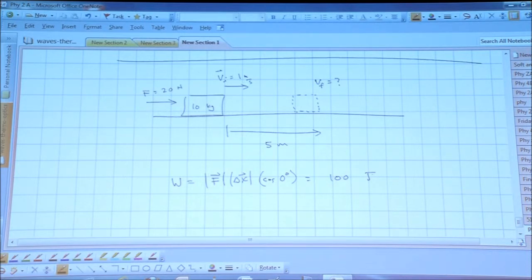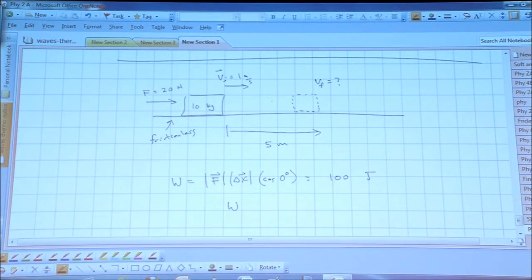So we expect the block to be moving faster at the end. We know the speed at the beginning, and this is frictionless. And what we'll do, the next example, we'll add friction in there. So the total work done.